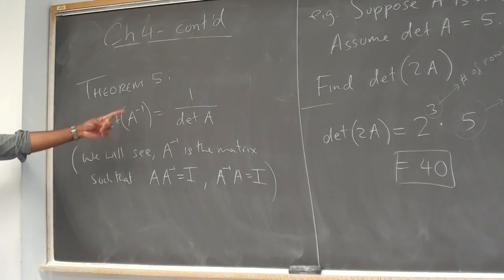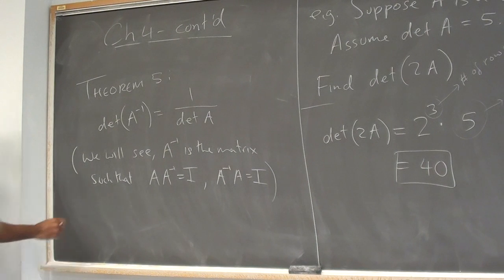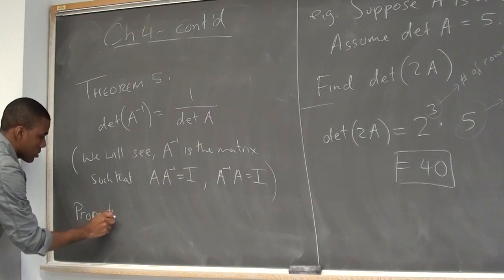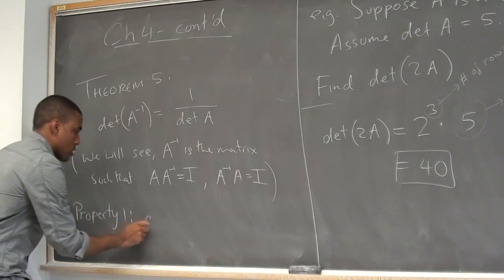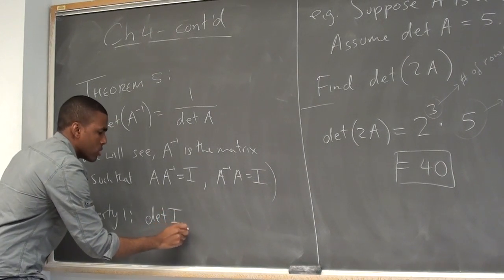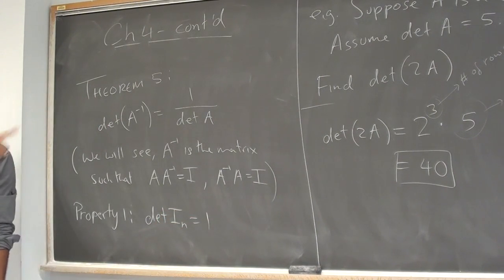And using that fact, you can actually derive this formula. And you can derive that formula because of the next property. The determinant of the identity matrix, I believe I told you this before, is 1, right? Because it's a diagonal matrix, just multiply along the diagonal.